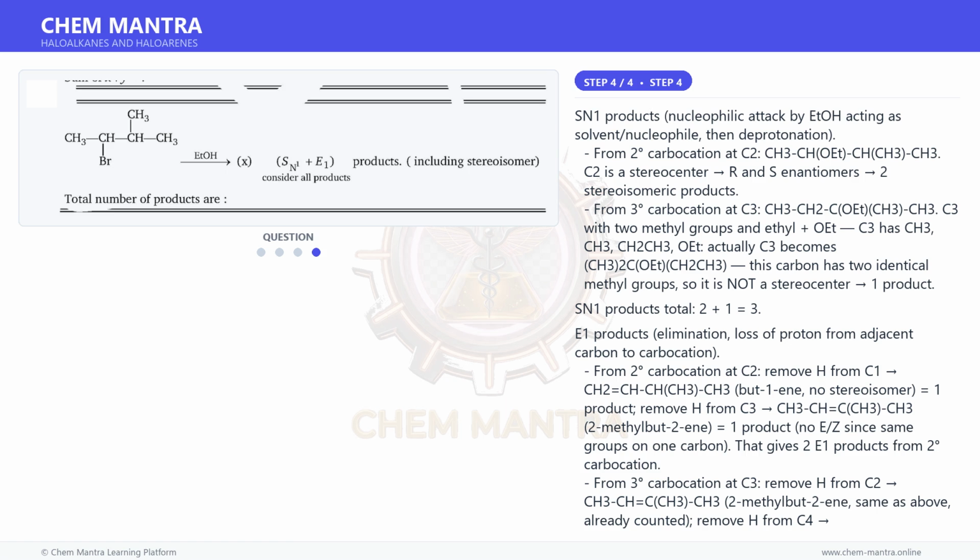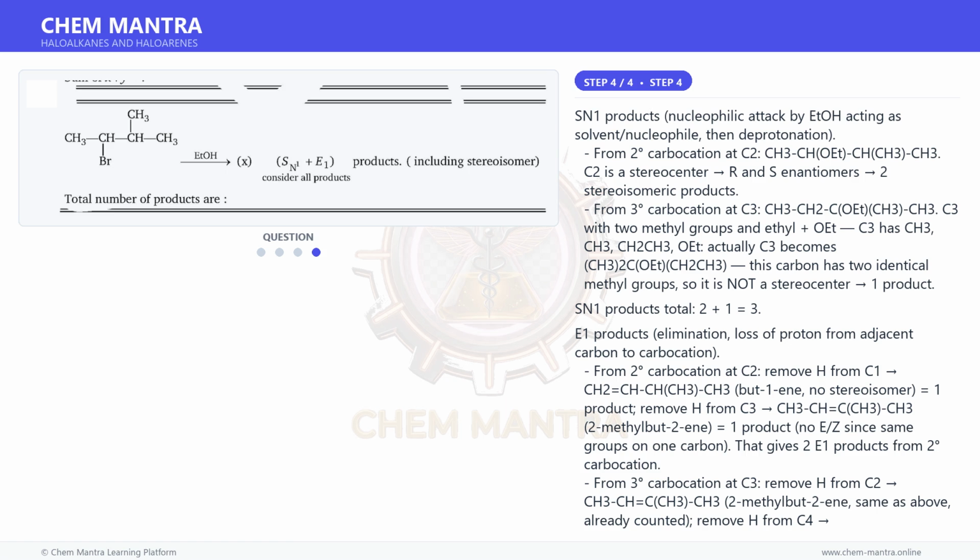From the tertiary carbocation at C3, remove H from C2: CH3-CH=C(CH3)-CH3, same as above, already counted. Remove H from C4: CH3-CH2-C(CH3)=CH2, 2-methylbut-1-ene, 1 new product.